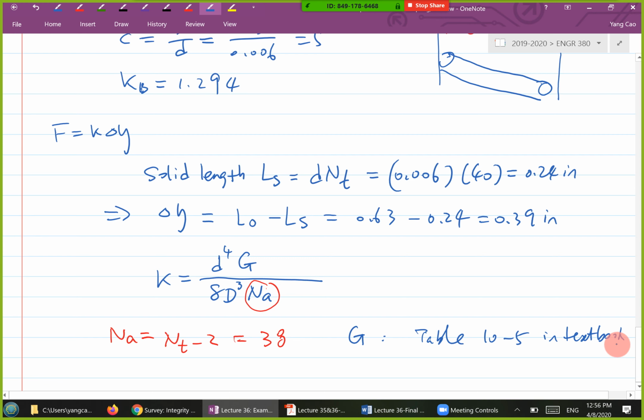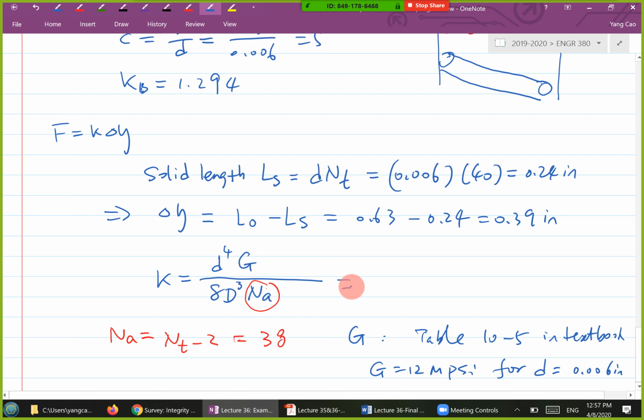So you'll find the G from the table 10-5 to be 12 mega psi for this d. Okay, now once we find this, then we plug everything into this formula.